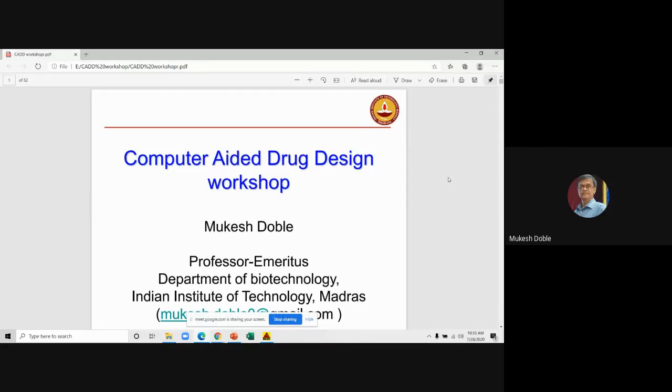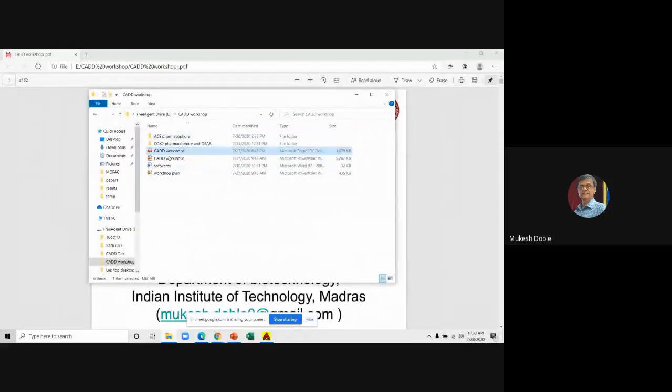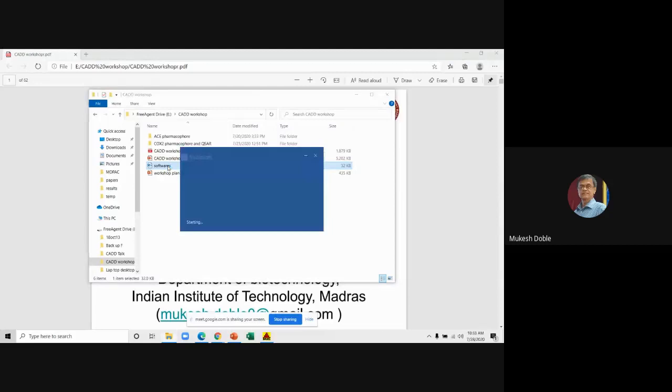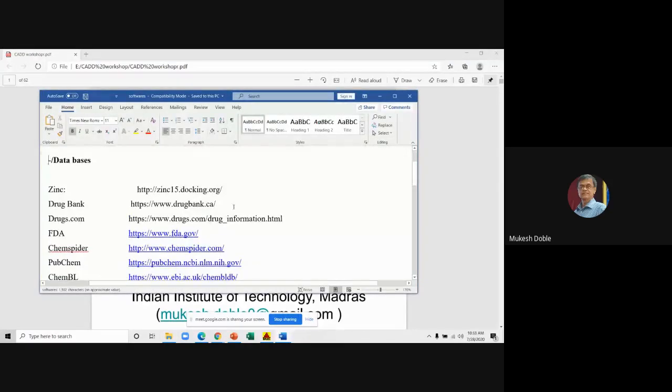I also showed you many databases yesterday. The most important one I showed is the ZINC database, ZINC 15.